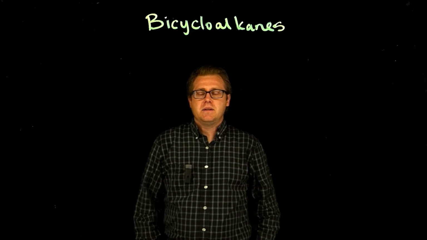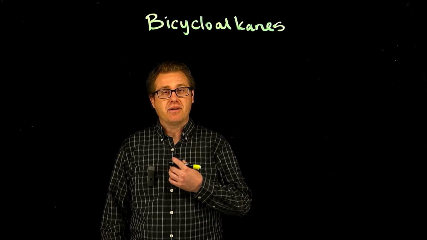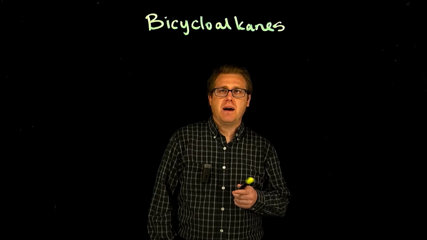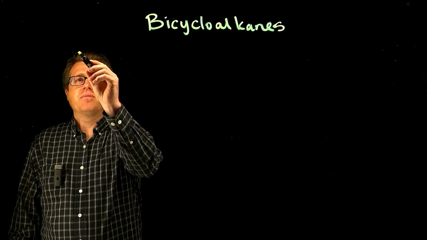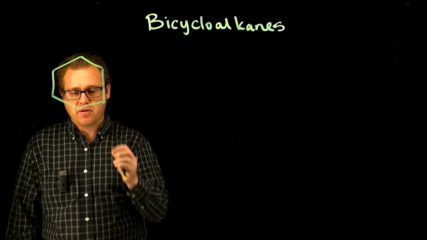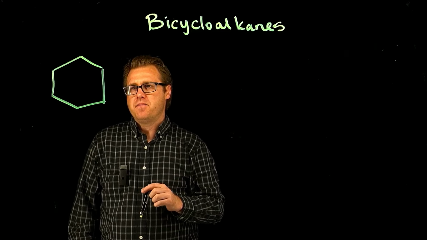Hello, class. What we're going to discuss now is nomenclature of alkanes called bicycloalkanes. Now, we've previously seen alkanes in a ring structure like that, so that would be cyclohexane.